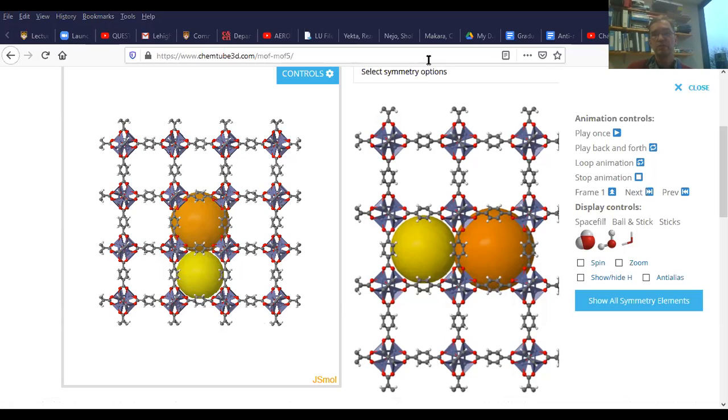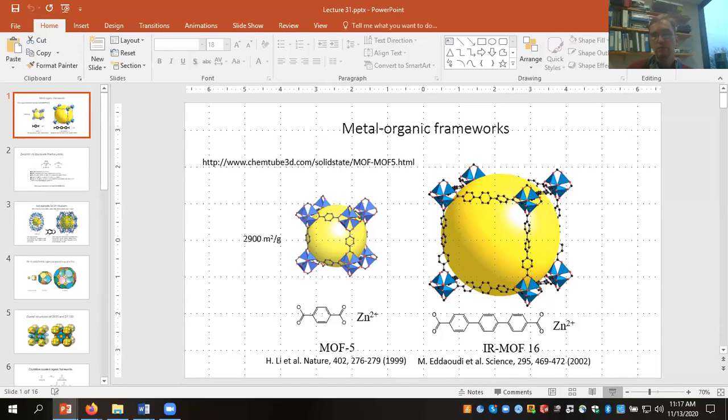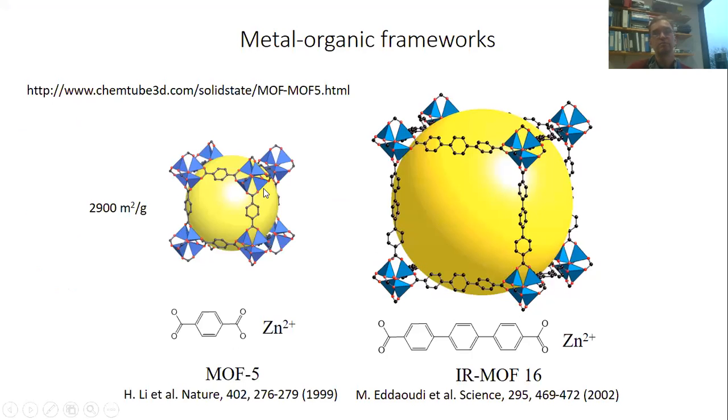And actually just switch back to the class. And one nice feature about metal organic frameworks is that one can actually tune the pore sizes with a greater predictability in comparison to other materials.